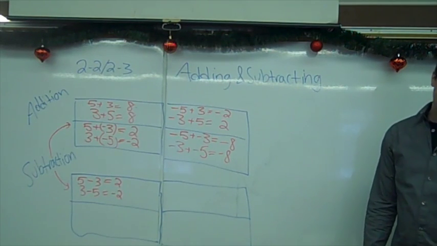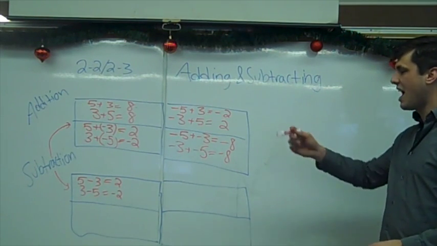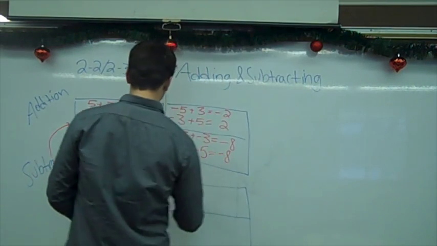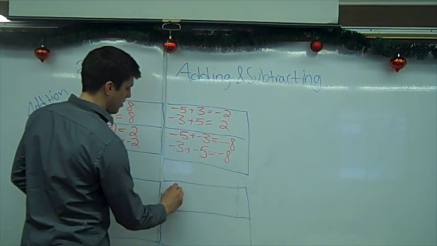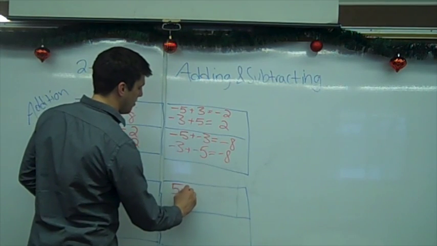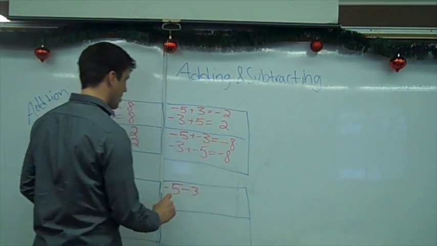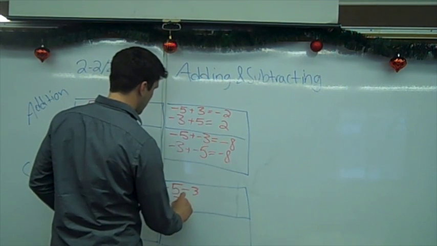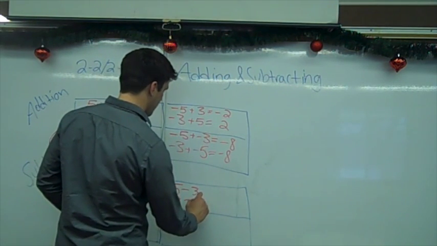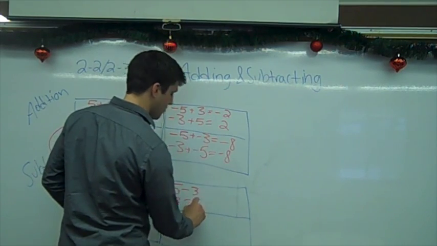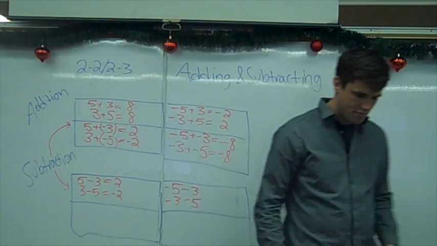And the next section is a negative subtracting a positive number. So negative 5 minus 3, or negative 3 minus 5.